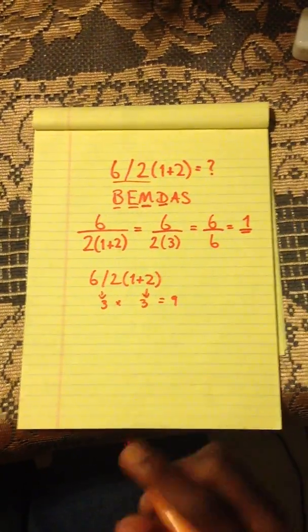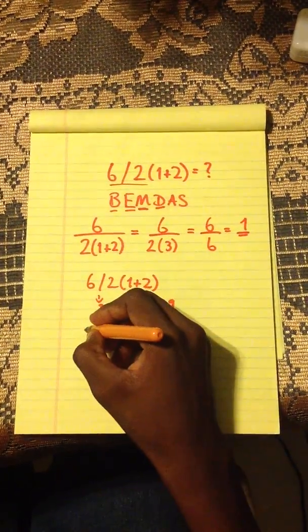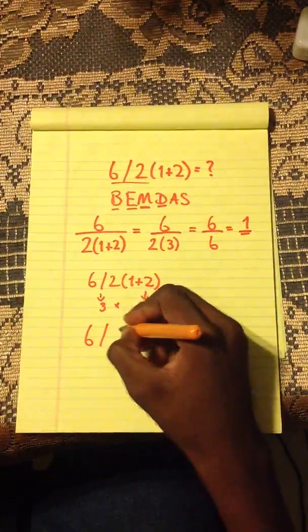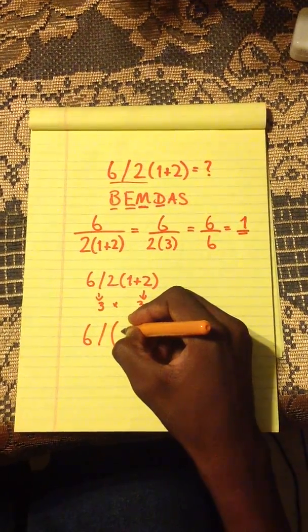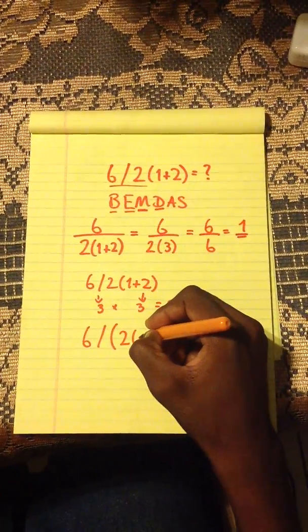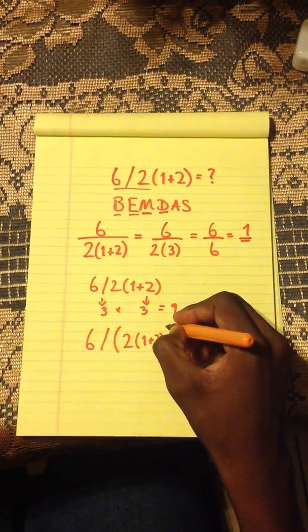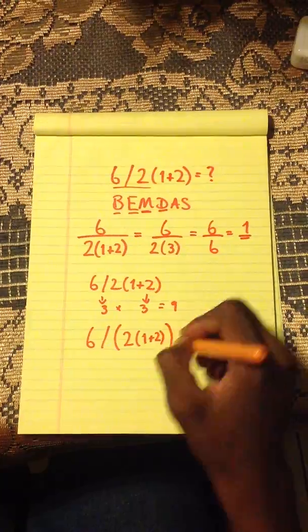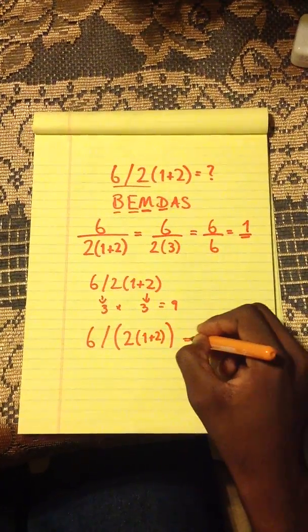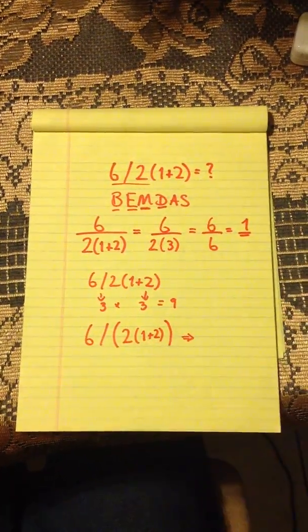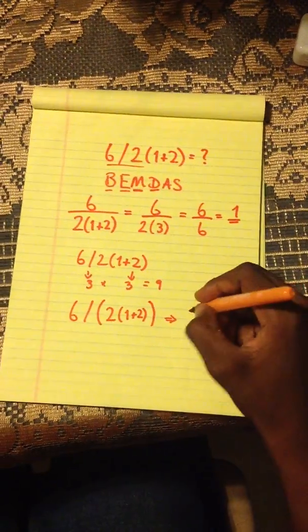If you wanted to enter it into a scientific calculator, this is how you do it. 6 divided by open bracket 2, then next bracket 1 + 2, close that bracket, and then close the entire bracket. If you want to, you can use square brackets if your calculator allows that. I know that the Casio calculators do that.